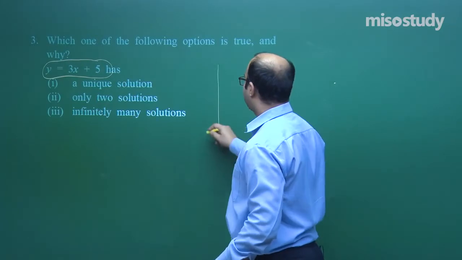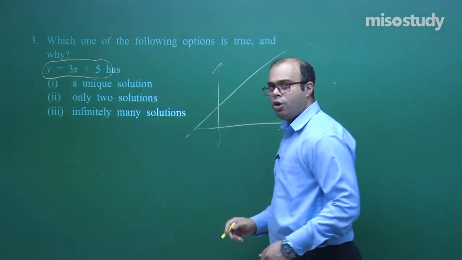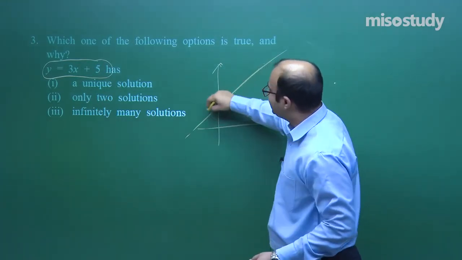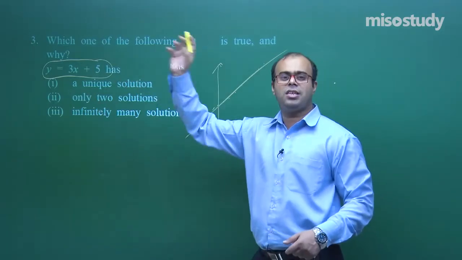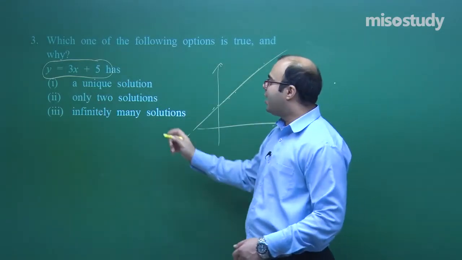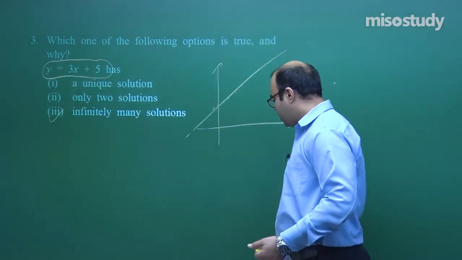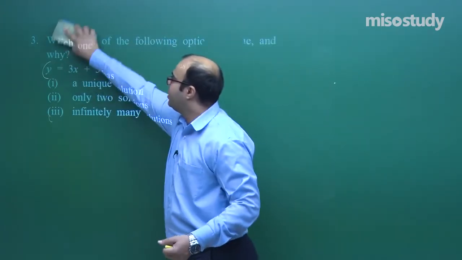If we take an xy plane, this will represent a line. Now there are infinite points on that line and all those points satisfy this linear equation. That is why this line is represented by this linear equation. That means it has infinitely many solutions. There are infinite solutions lying on this line which satisfy that equation.